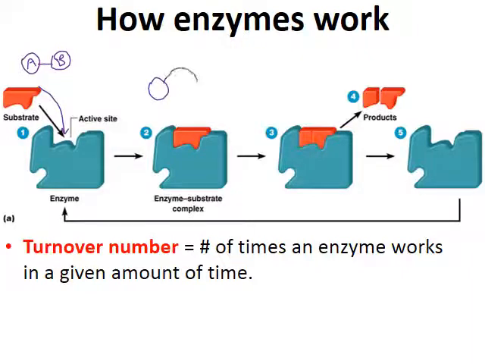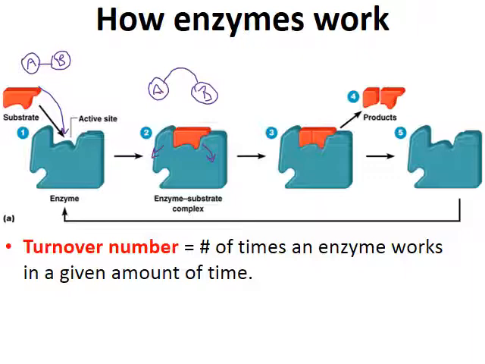Remember, that bond is going to be very strong. It's a covalent bond. So our molecule AB needs to be bent and stretched. How does that happen? The enzyme changes its shape a little bit, and as it changes its shape, it'll move and stretch that bond, and that'll make it easier for it to break.